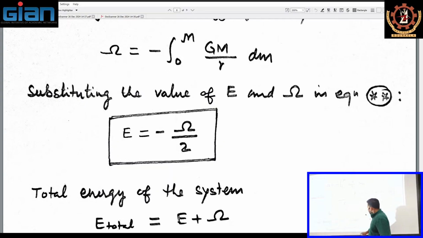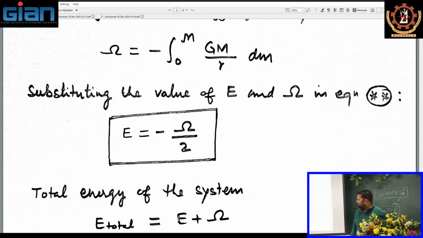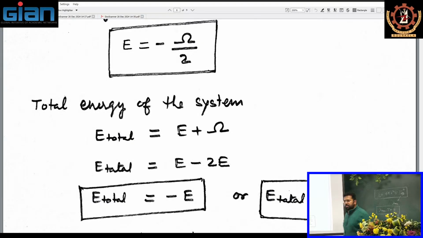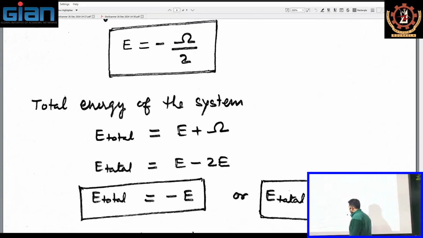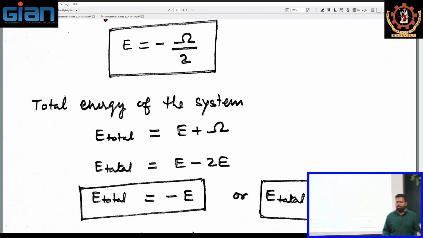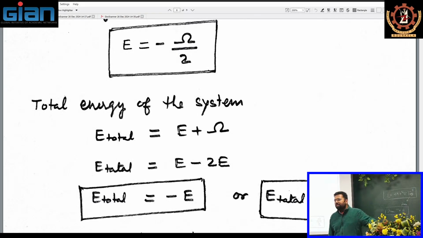If I replace omega with minus 2E in the sum of E and omega, the total energy of our system, in this case a star, would be equal to minus E, or minus omega by 2. So the total energy of the system is negative.